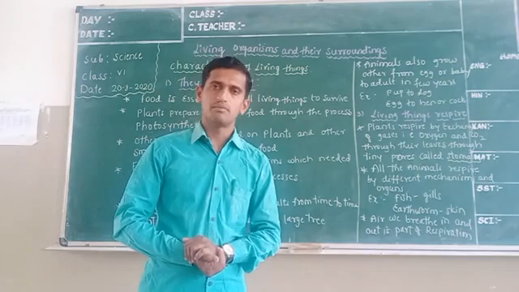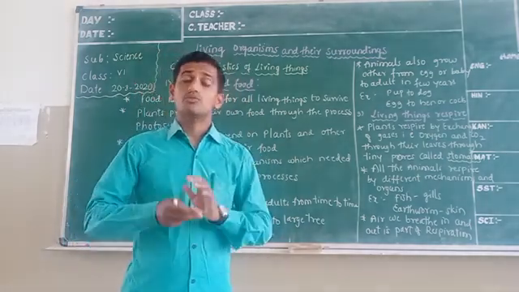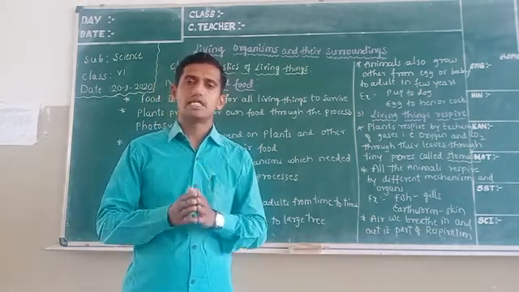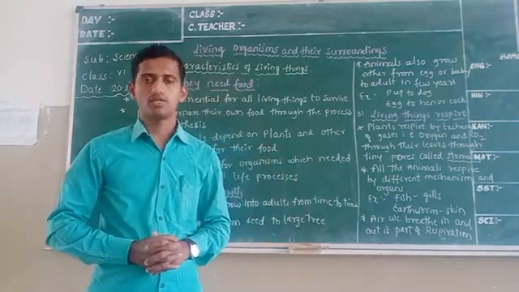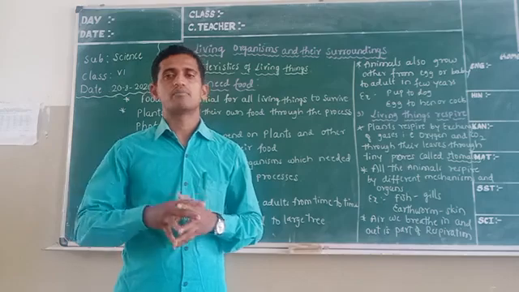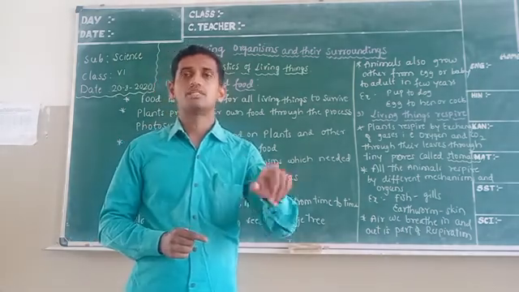What about the other animals? Yes, other animals also need food. Most of the animals, some of them, depend on plants and their parts for their food. Whereas the remaining 50% of the animals depend on other animals for their food.